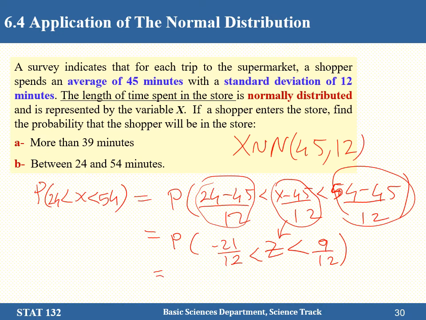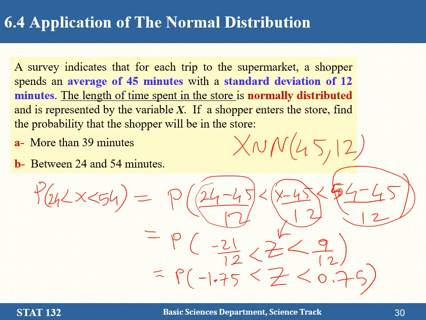Then this becomes negative 1.75, and this becomes 0.75.